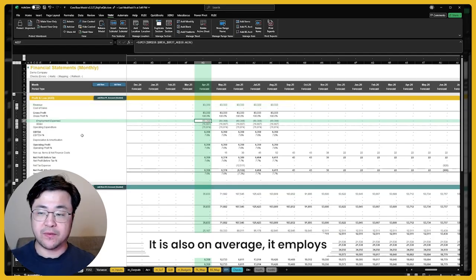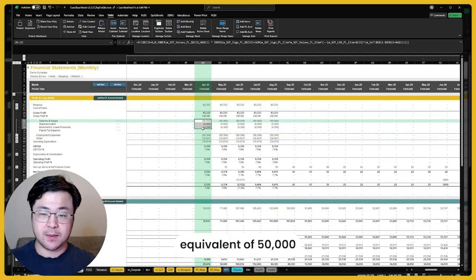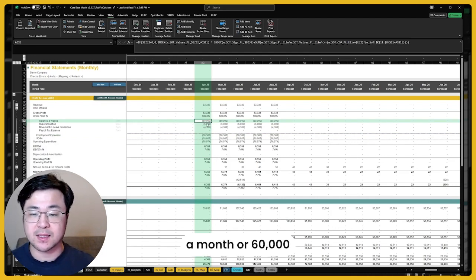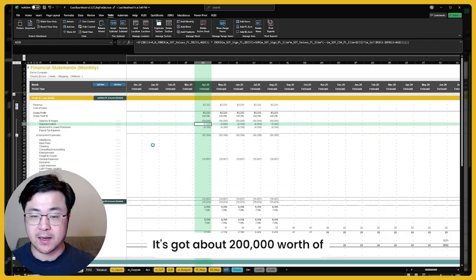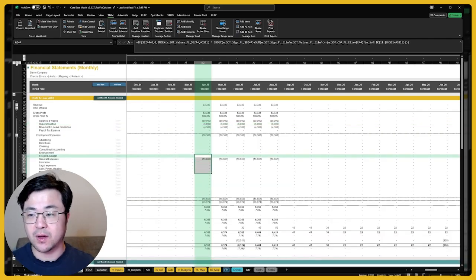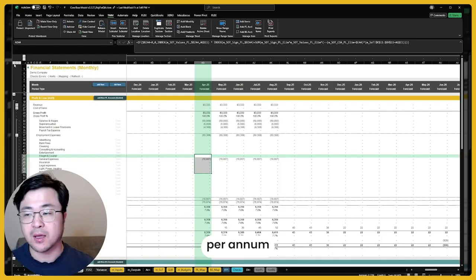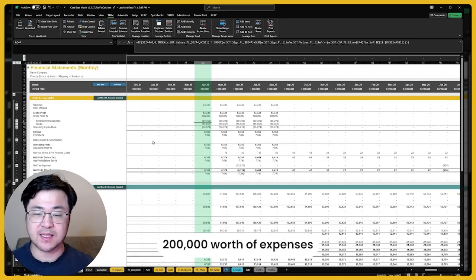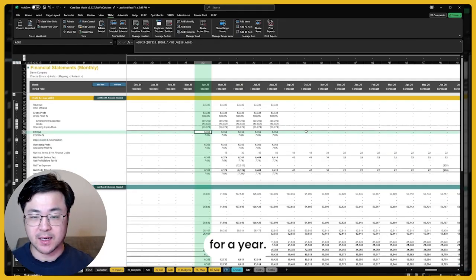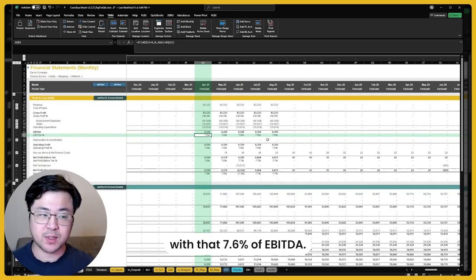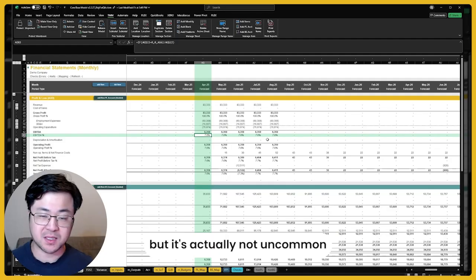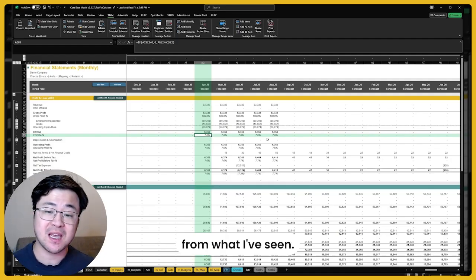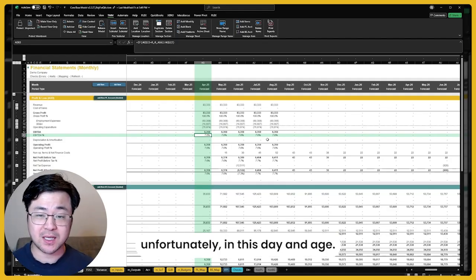It also on average employs the equivalent of 50,000 a month, or 60,000 plus the 12% for super, and it's got about 200,000 worth per annum of expenses for a year. That leaves the business with about 7.6% in EBITDA. Now, that's not the best, but it's actually not uncommon from what I've seen in a lot of businesses, unfortunately, in this day and age.